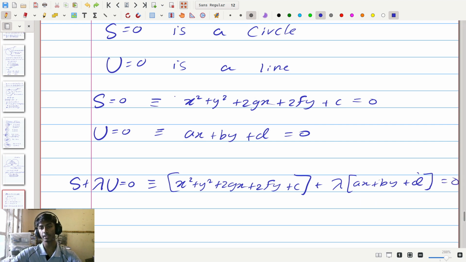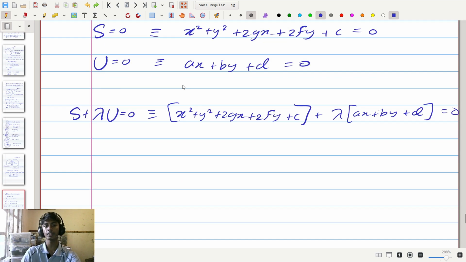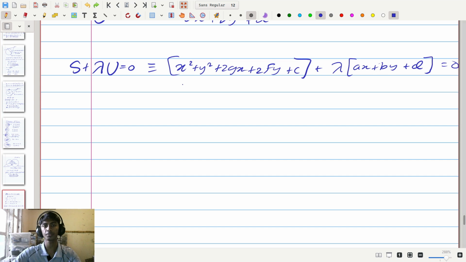Here, of course, again I'm reminding you, d is used because c is already used in the circle's equation. Now then, let's try and figure out what this gives us. Here we can see we have an x squared term, a y squared term, an x term, a y term, and a constant term. Within this part, we have lambda times ax, which is an x term, lambda times by, which is a y term, and lambda times d, which is a constant term.